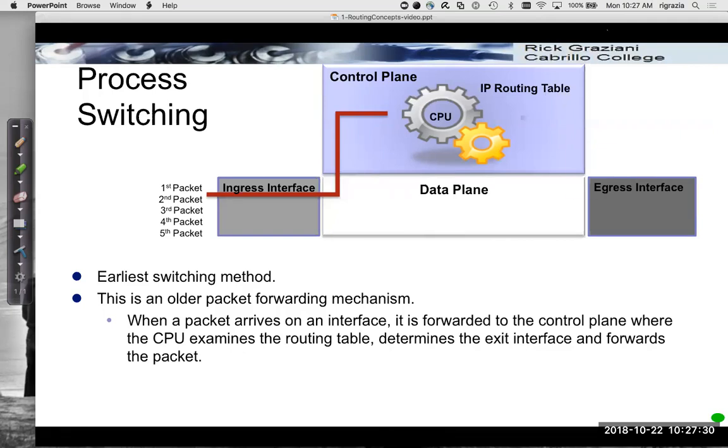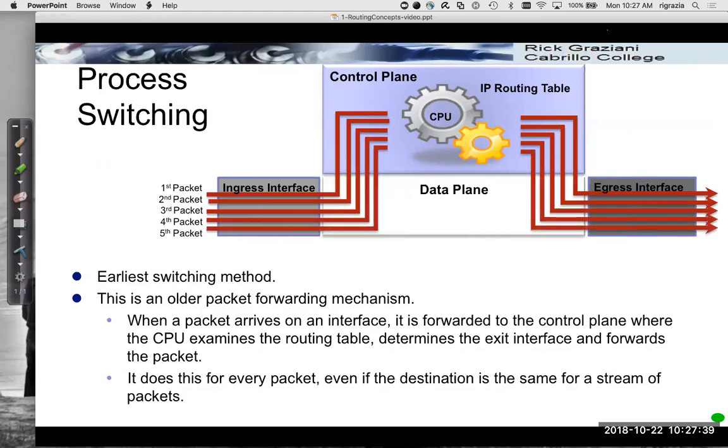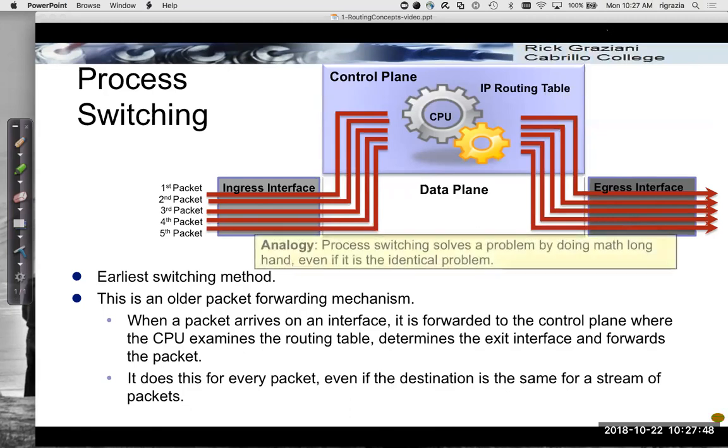Anyway, what I want to show here is that it will do that same process for every packet that comes in. So it basically learns nothing each time, and just repeats the same process for each packet going from the same source to the same destination.